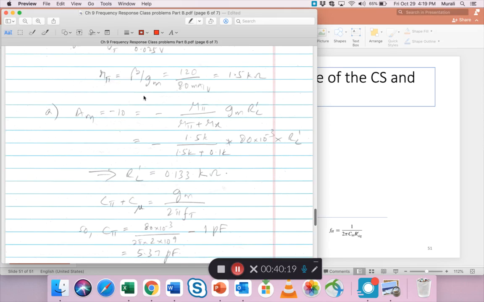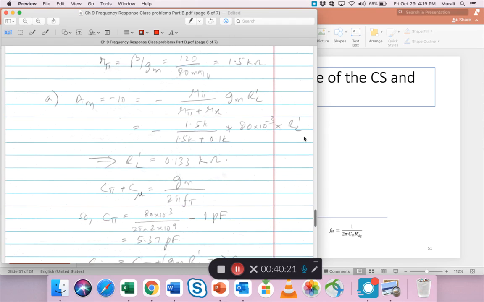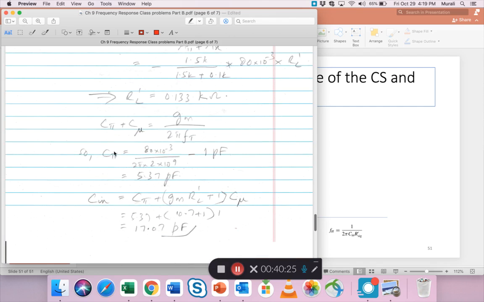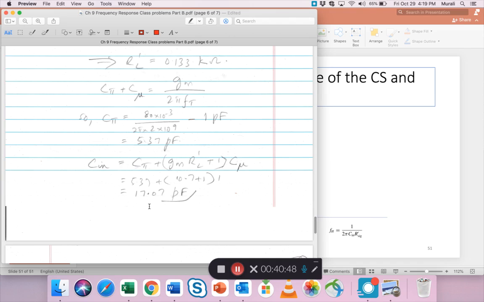Using that formula, we can come up with the value for RL prime as this. Similarly, C pi plus C mu is this ratio, and this FT is given. So C pi is this minus C mu, which is 5.37. C in then becomes C pi plus the Miller multiplier times C mu, which is 17 picofarads.